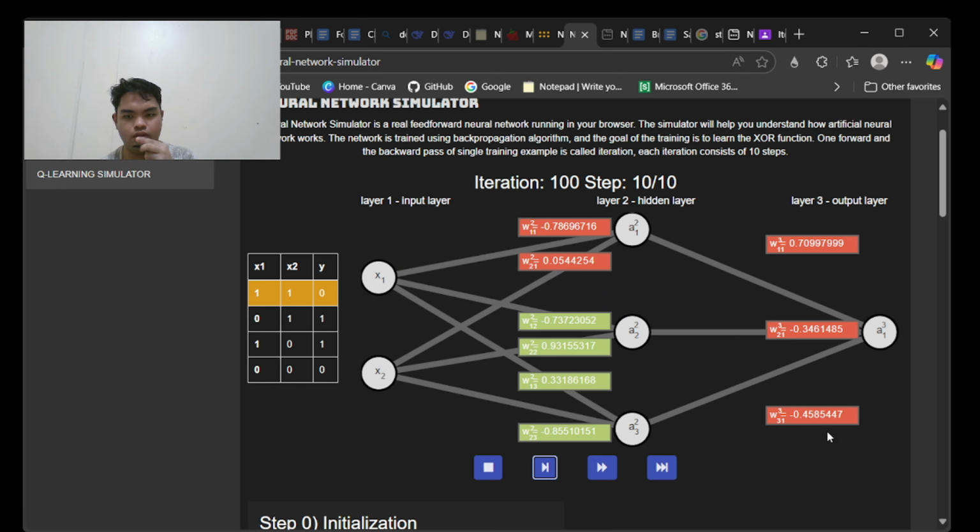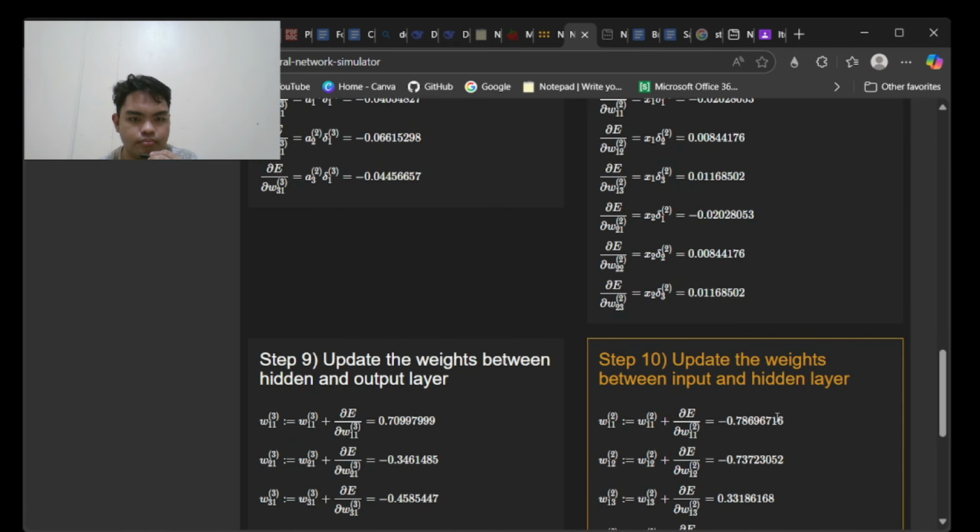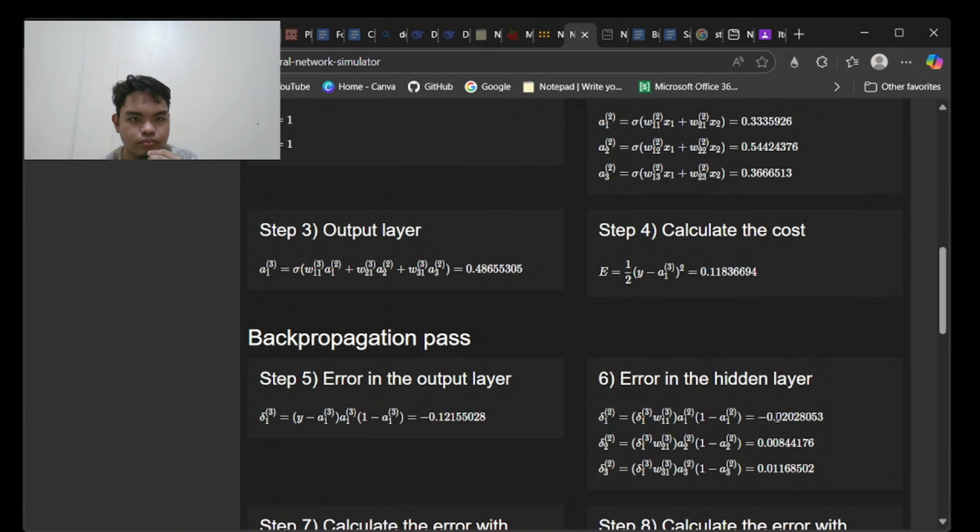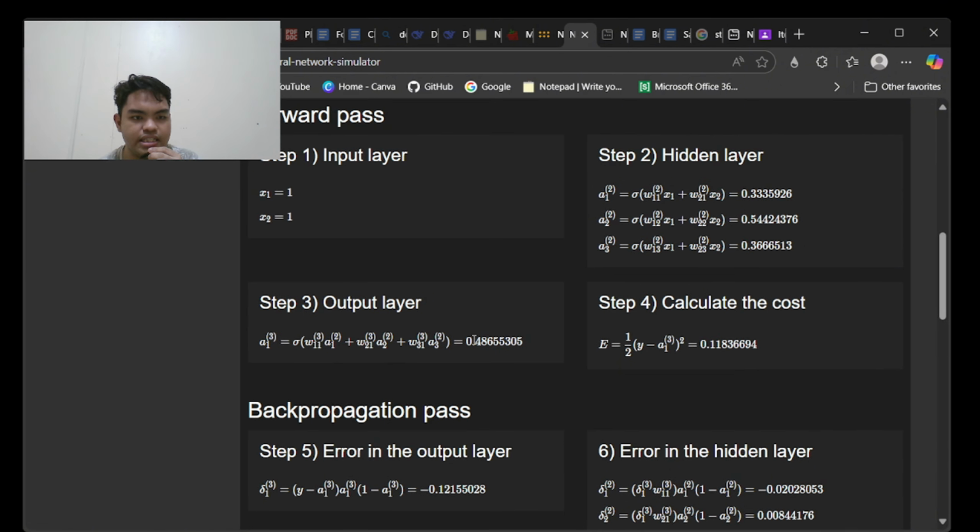So let's do a simple check for input 1 and 1. The output is here, 0.48. So it says correct: the exclusive OR of the inputs 1 and 1 should be 0, which is correct.